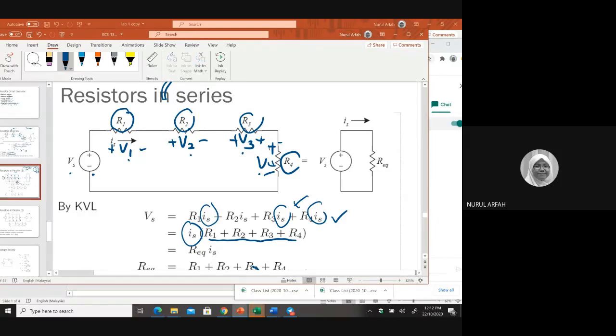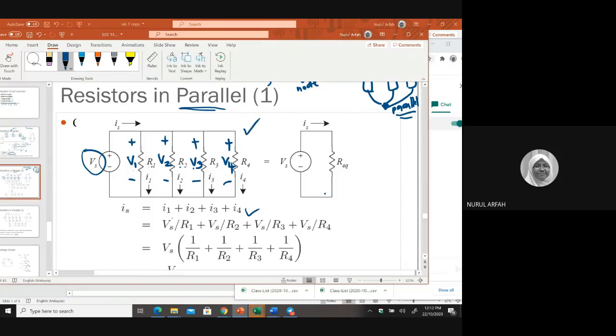But for this one, because they are in parallel, they should take the same voltage. So if you supply a voltage source here, it means that the voltage V1 is equal to V2, equal to V3, equal to V4, also equal to the source voltage here, all equal to the source voltage.